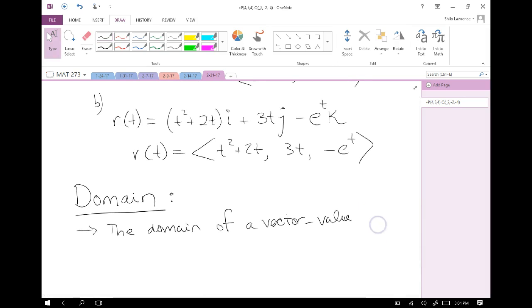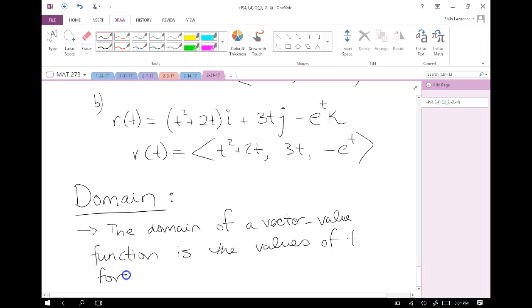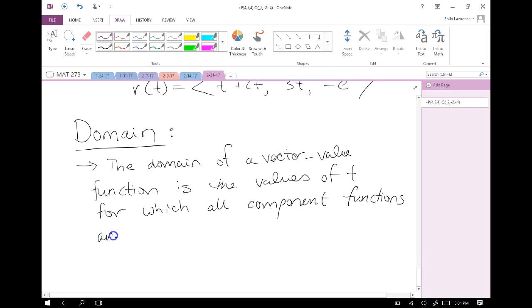So the domain of a vector valued function is the values of t for which all component functions are simultaneously defined.